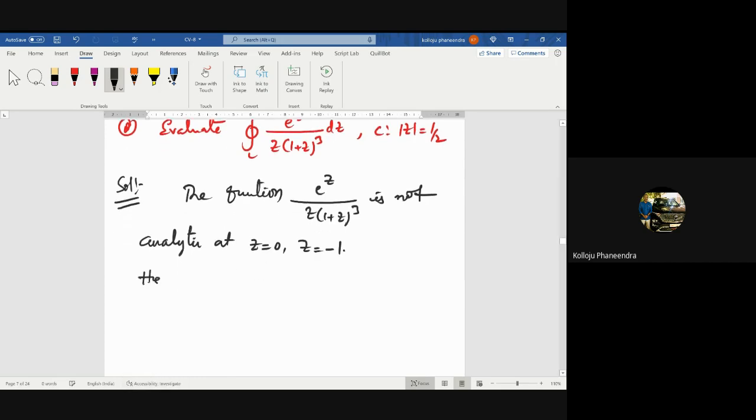And here, what is the circle? C is |z| = 1/2.